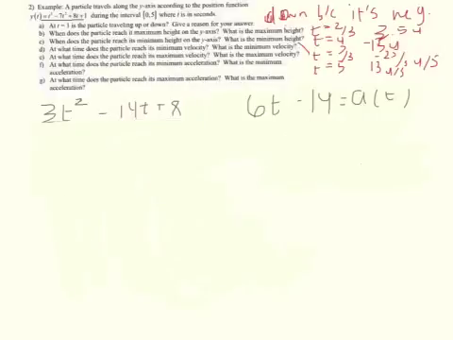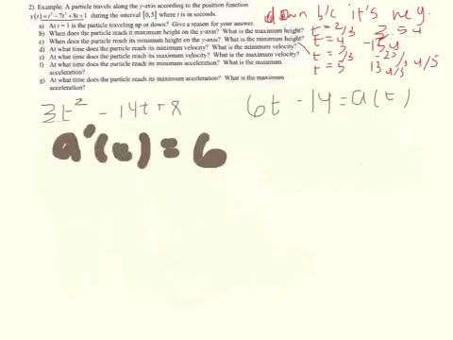Okay, so the last two problems ask for the minimum and maximum acceleration. In order to find that, we use kind of the same steps. So we take the derivative of the acceleration equation, which is just 6. So now we set it equal to 0, and obviously it doesn't equal 0. So the only numbers we can plug in are the endpoints, which are 0 and 5.